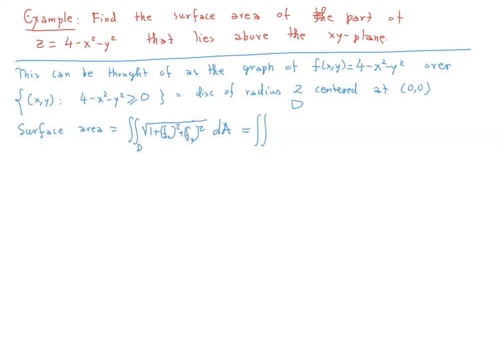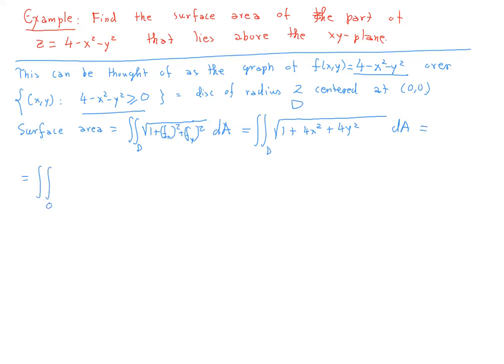And how much is f sub x? Well, this is your function, so f sub x is negative 2x. So this will give you 1 plus 4x squared, and similarly plus 4y squared. And now the question is, once we have come up with this double integral, how do we integrate it? The domain is a disk, so we shouldn't think twice before turning to polar coordinates.